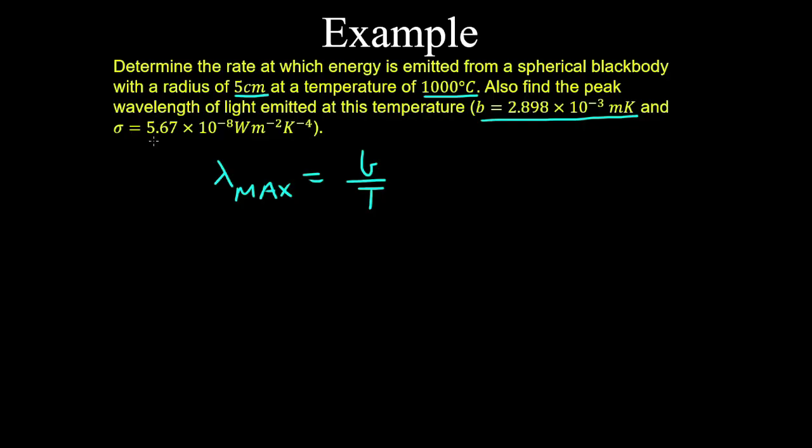And the Stefan-Boltzmann constant is in Stefan-Boltzmann's law, which gives the power or rate at which energy is emitted from a black body being equal to the surface area by Stefan-Boltzmann's constant by the temperature raised to the power of 4.